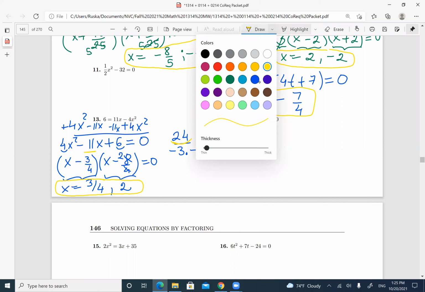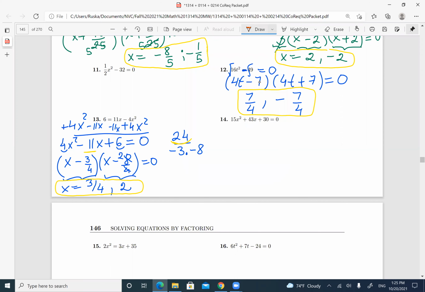If you want, you can list all the factors, but with practice you'll see which ones add up. Let me write it for you. The factors of 24 are 1 times 24, 2 times 12, 3 times 8, 4 times 6, and that's it. These are all the factors.